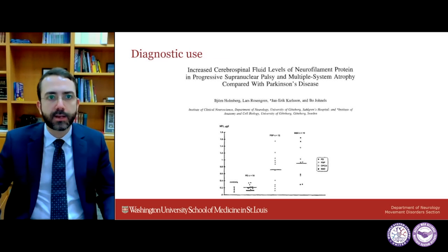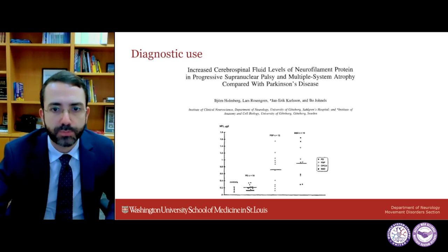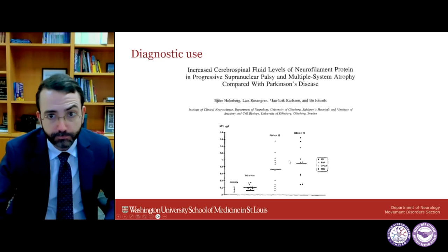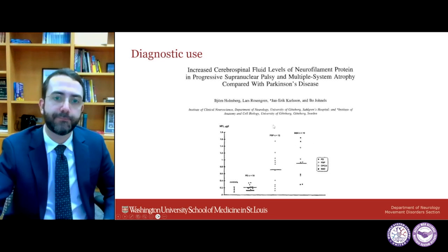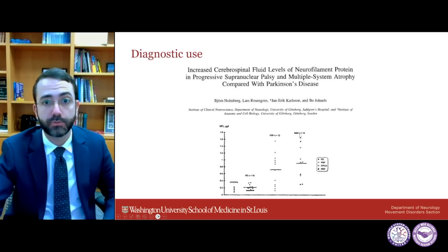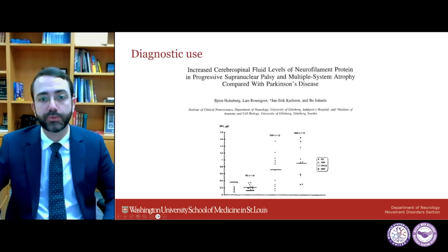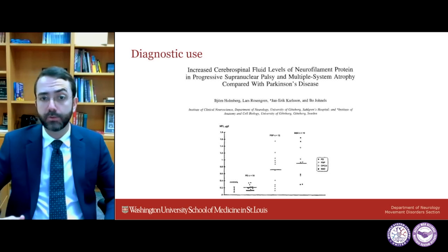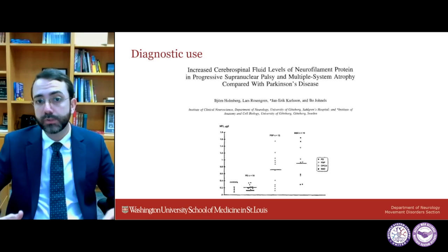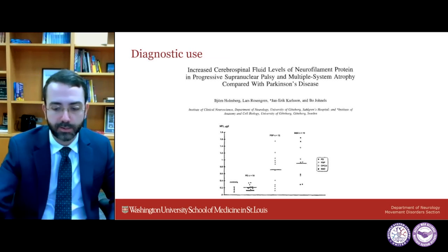So they looked at about 40 patients, comparing Parkinson's disease with PSP and MSA. And as expected, the conditions that are more aggressive or faster, like multiple system atrophy and progressive supranuclear palsy, do have a higher level of neurofilament light chain. Therefore, it was suggested that it could potentially allow us to diagnose these conditions when in doubt about the underlying pathology.